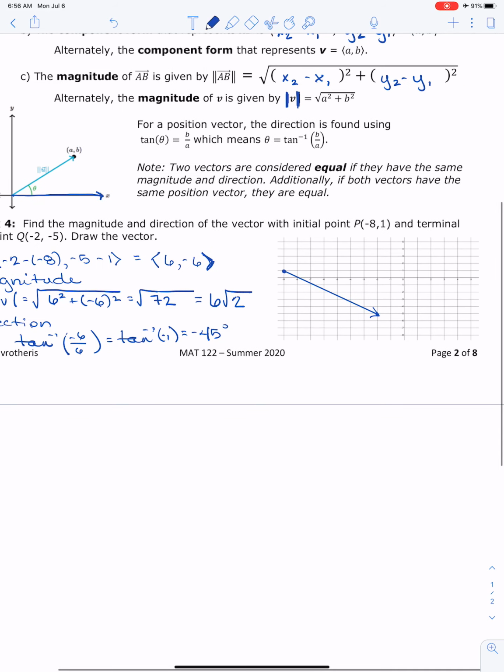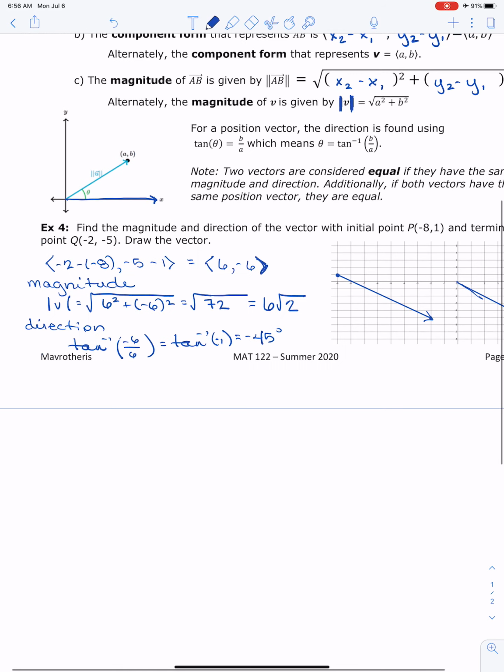Okay, which means if I had a position vector, I'm looking at it right here. So I guess 1, 2, 3, 4, 5, 6, just barely cut it off. 1, 2, 3, 4, 5, 6. Okay. I want the angle made with the x-axis. Typically, it is a positive angle. So I've got -45 degrees plus 360.